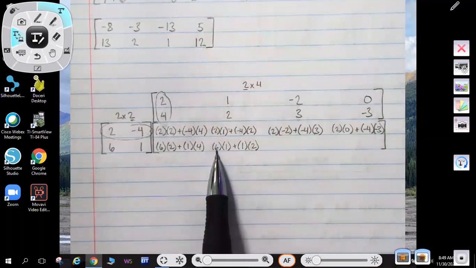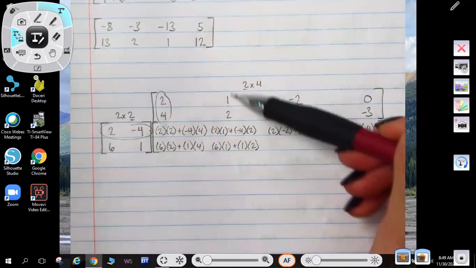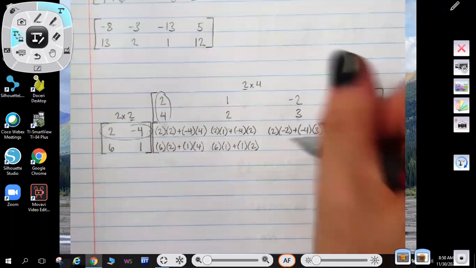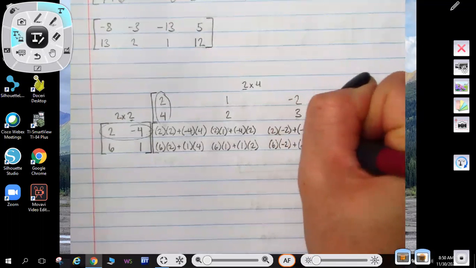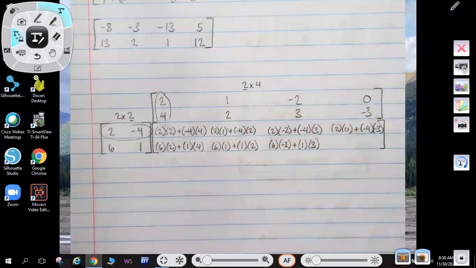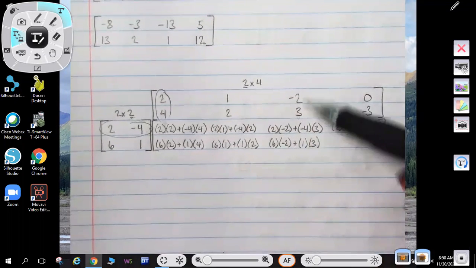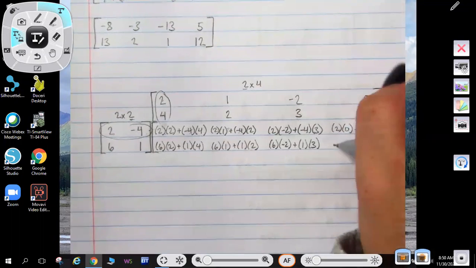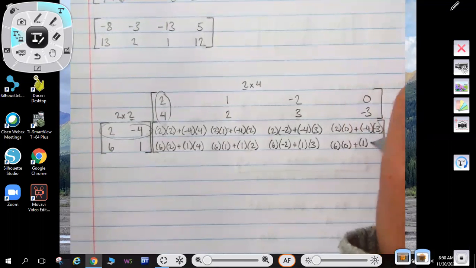So again, this 6 and this 1 come from this row, and this 1 and 2 come from this column. Next, we have 6 times -2 plus 1 times 3. So 6 and 1 from this row, -2 and 3 from this column. Last one, 6 times 0 plus 1 times -3.